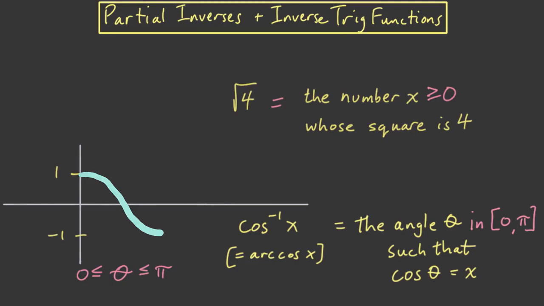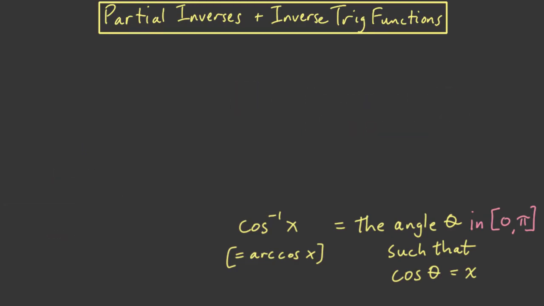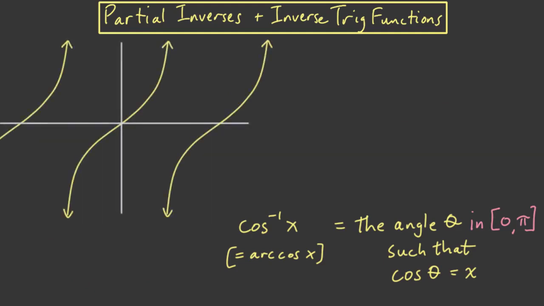We'll leave the inverse sine function for an exercise, but I do want to discuss the inverse tangent for a bit. Here's the graph of the tangent function, and again, to get a partial inverse, we'll have to pick just one part of the function. So if we take just this part, that'll work, and we haven't given up any part of the range of the tangent function, so that's good.